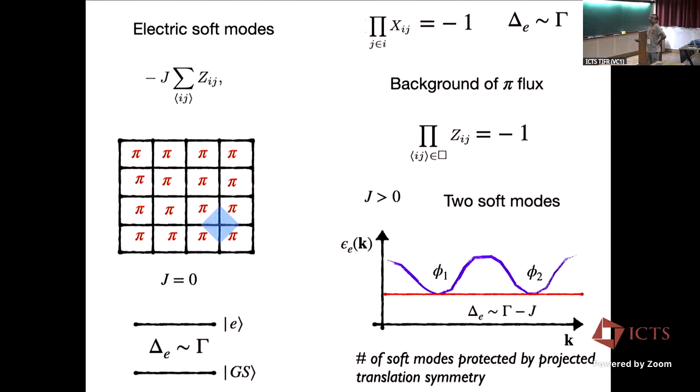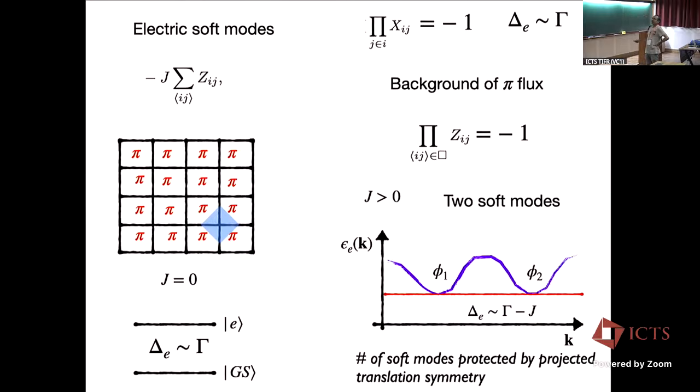Because of this J term, the electric charges gain dispersion, and since the background flux is such that the product of Z is -1, they see a background pi flux, and the charges moving in a background pi flux generate soft modes, in particular two soft modes which are related to the projective implementation of translation symmetry.